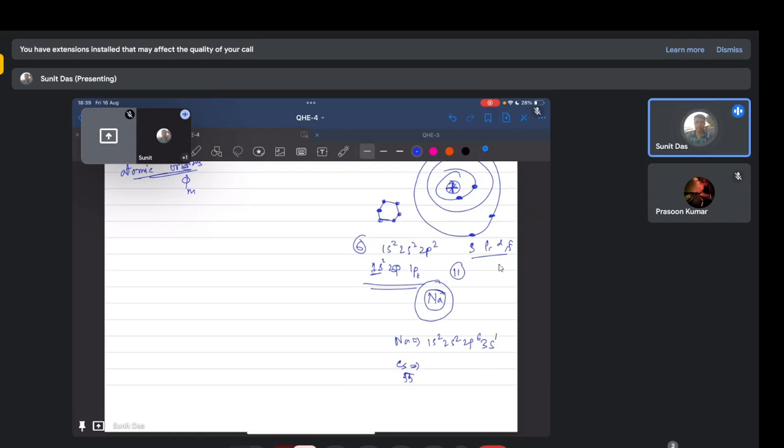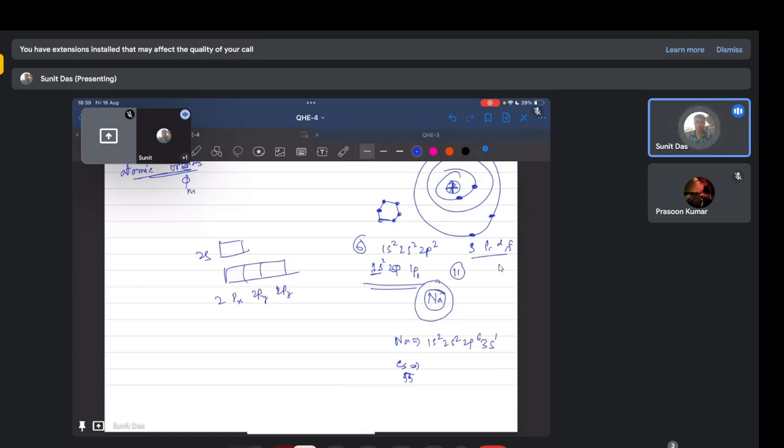But then there is one 2s and three 2p orbitals: 2px, 2py, and 2pz. This is for carbon, by the way.